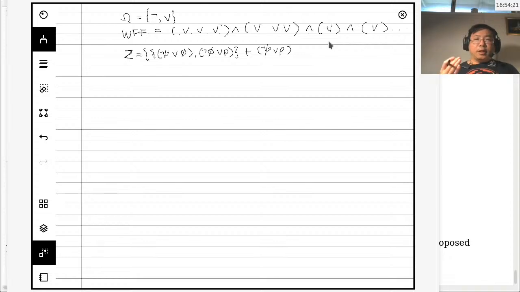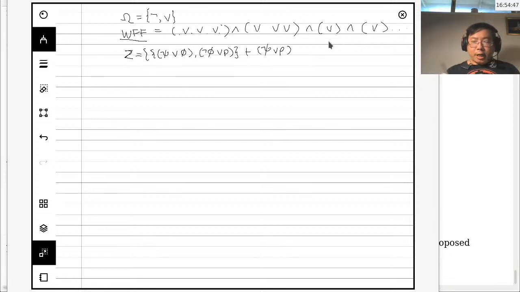Okay, and what about the problem of an infinitely large haystack where we may or may not have a needle in it? Well, as it turns out, when this is how we define well-formed formulae, the space of well-formed formulae is going to be finite. Think about it.